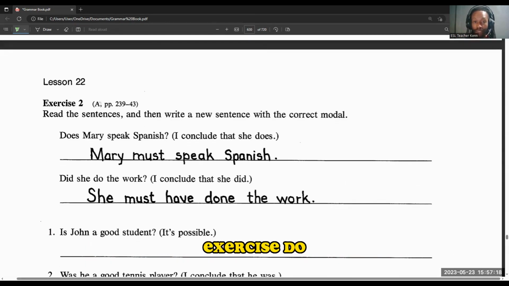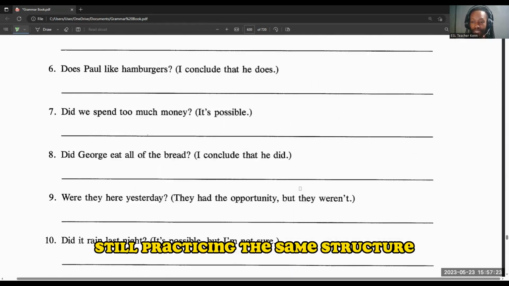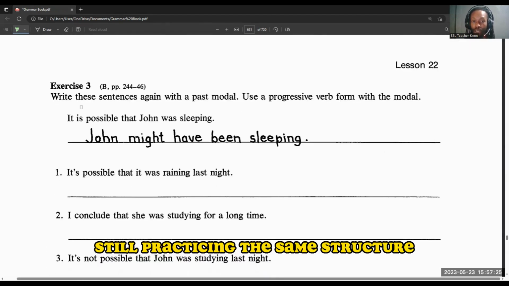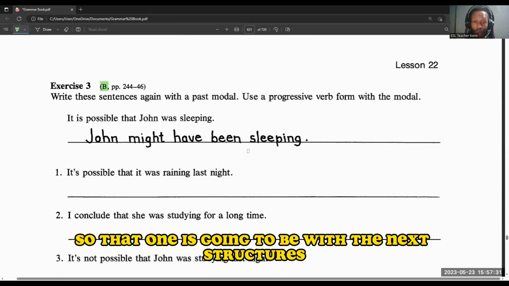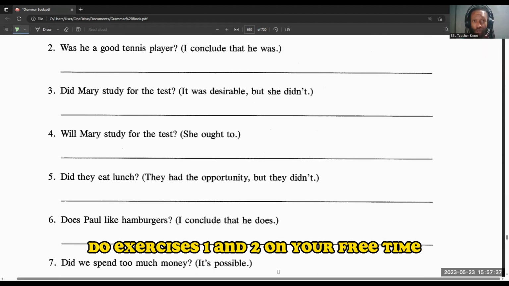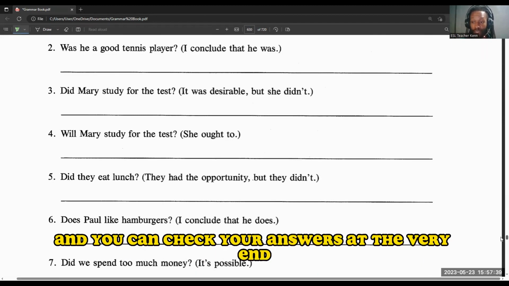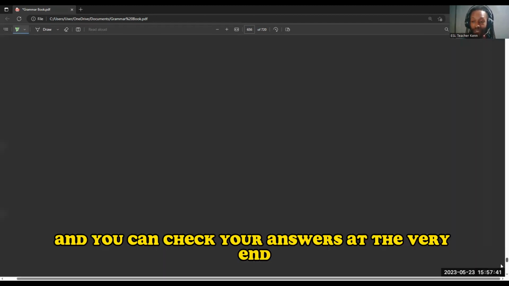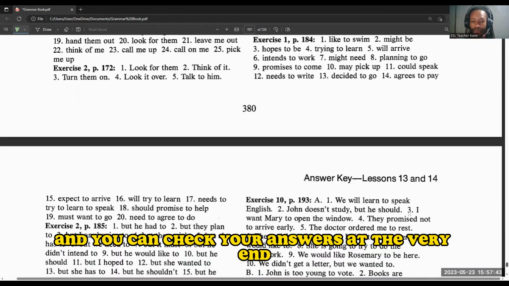You see exercise 2 still follows box A, still practicing the same structure. Exercise 3 is starting on box B, so that one is going to be with the next structures. Do exercises 1 and 2 on your free time, and you can check your answers at the very end.